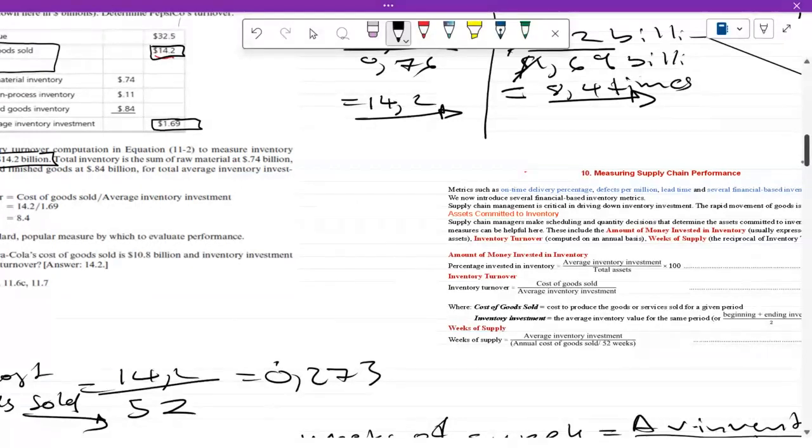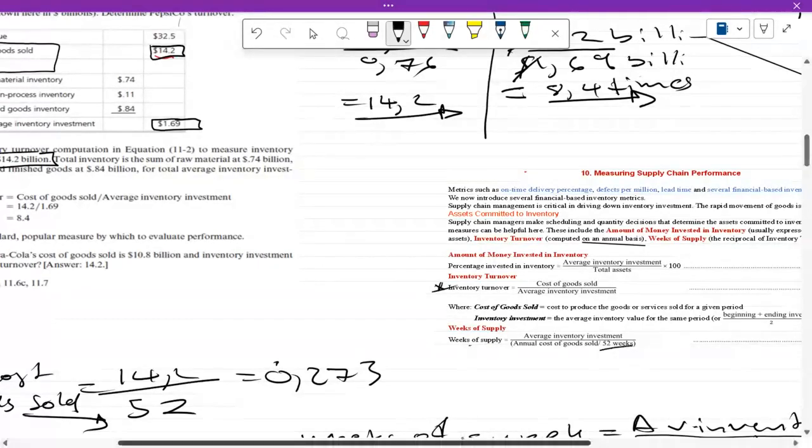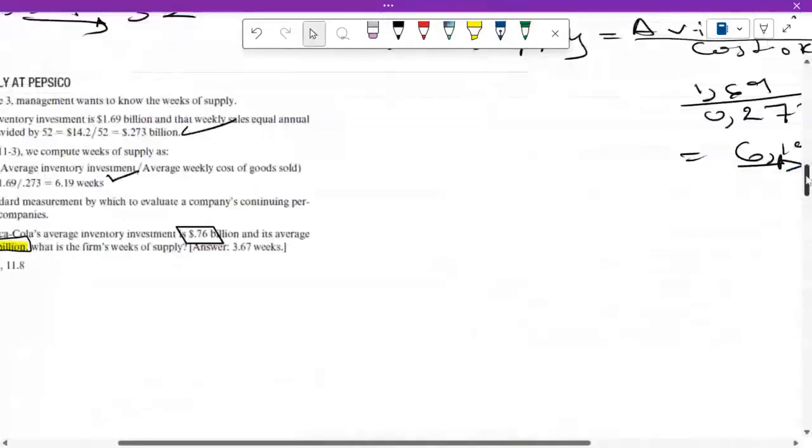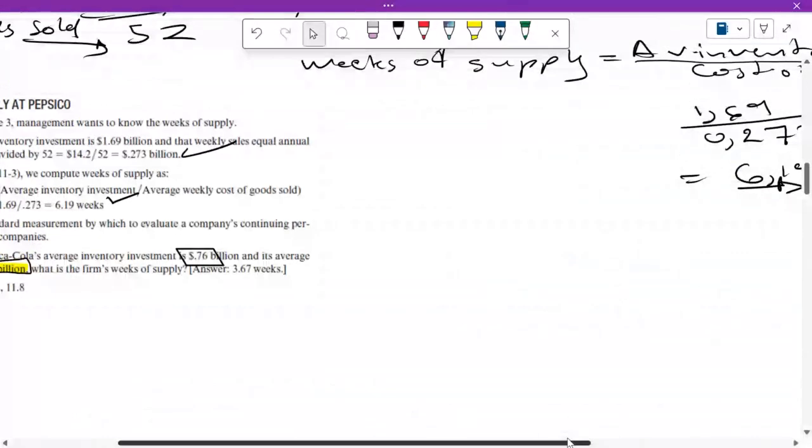That's why even on your inventory here, we are speaking on an annual basis, and your cost of goods sold is on the same level. So we didn't need to multiply by 52 here. We knew it is annual. When you wanted to take it to weekly, we divided by 52 weeks. Now we've already been given a figure in weeks, so we can just come next door here.